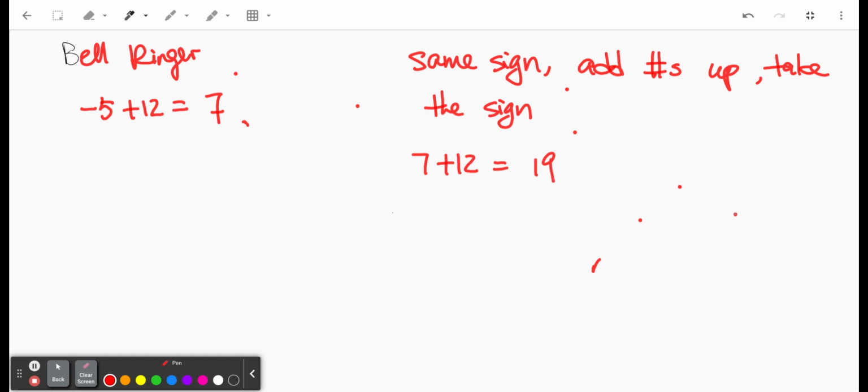So what if you have -7 minus 12? So 7 and 12, they're both what sign? Negative sign. So they have the same sign. What do you have to do? You add the number up. So when you add the number up it is 19.